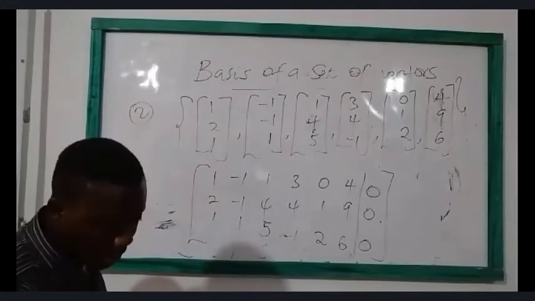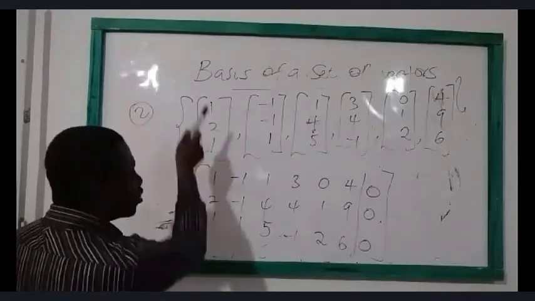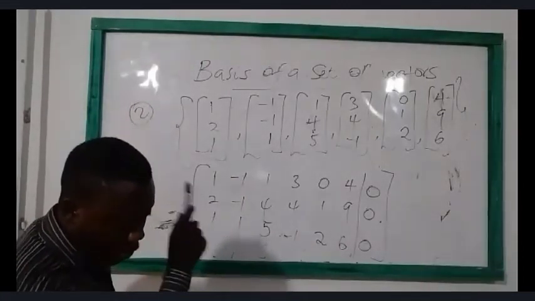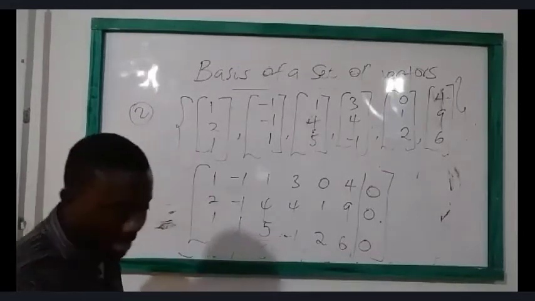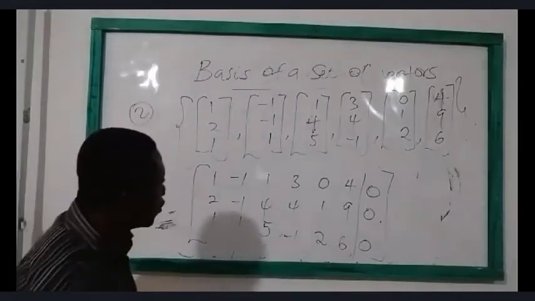You don't change them. So when you get those that give you the leading one, you just trace them to the corresponding columns of the original matrix and pick those vectors to form your basis. So that is that.